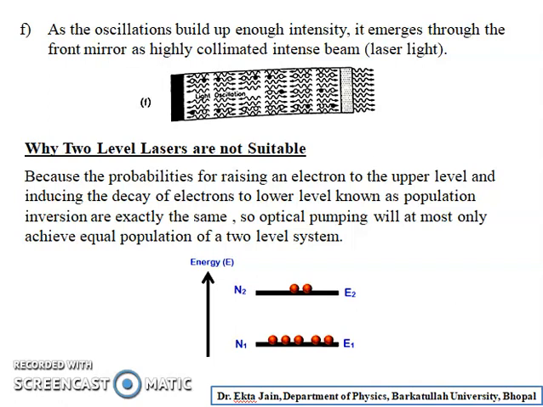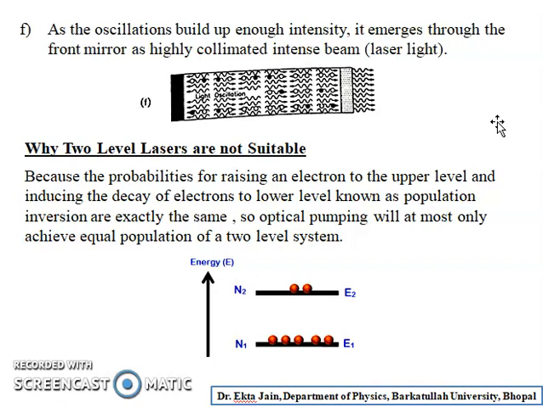As the oscillation builds up enough intensity, it emerges through the front mirror as a highly collimated intense beam, and we can see from figure F that the beam emitted from the laser is in the same phase, same frequency, and almost the same amplitude. This means these parameters define that the beams are coherent. As we have studied, coherence is one of the most important properties of laser light.